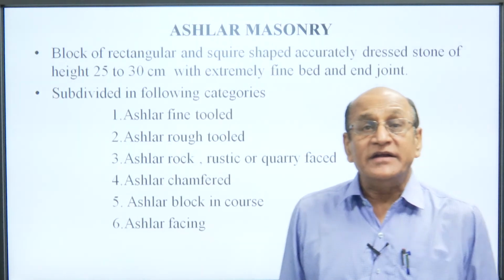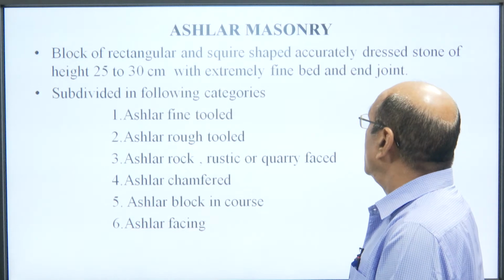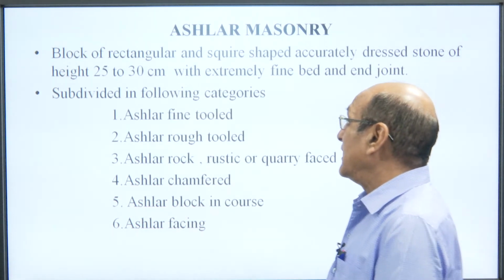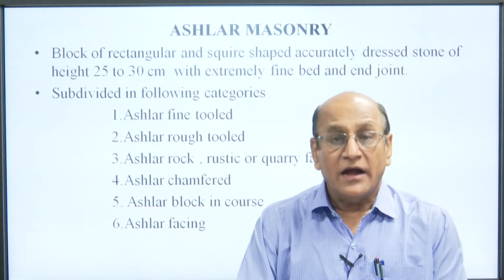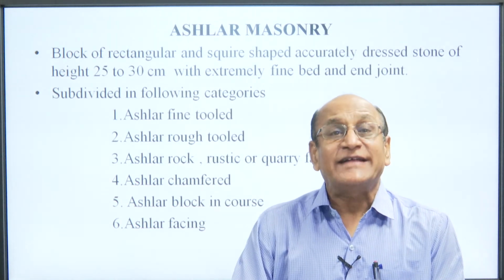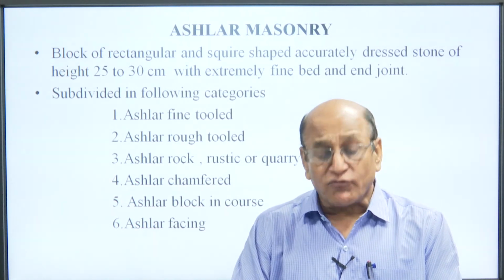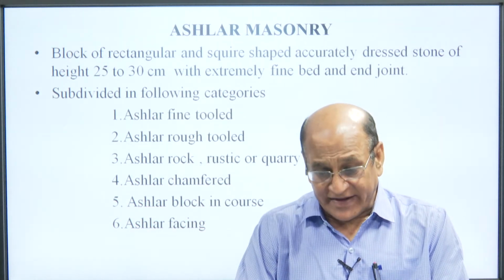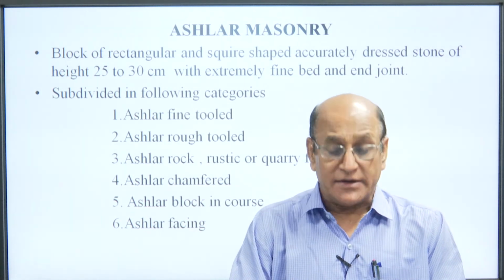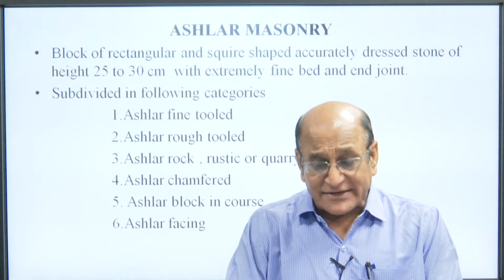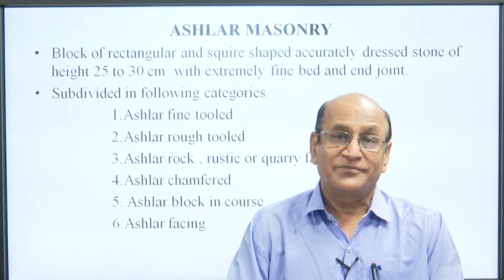Then come to the next type of masonry, that is called ASHLAR masonry. ASHLAR masonry is a block of rectangular or square shaped accurately dressed stone of a height 25 to 30 centimeter with extremely fine bed and end joints.